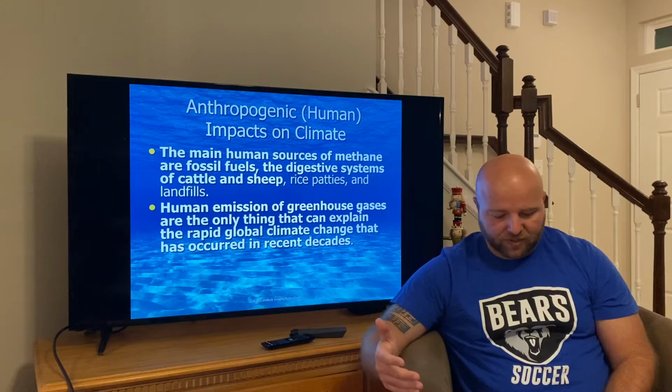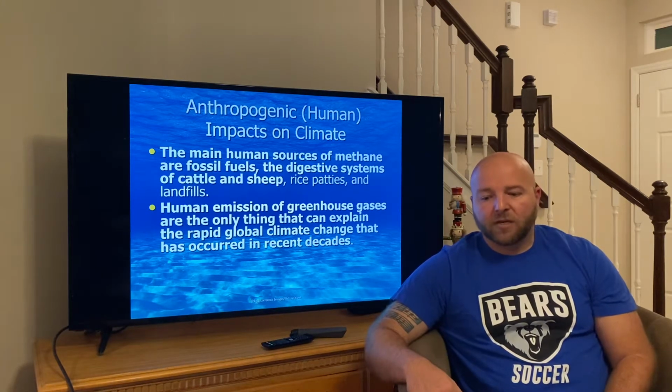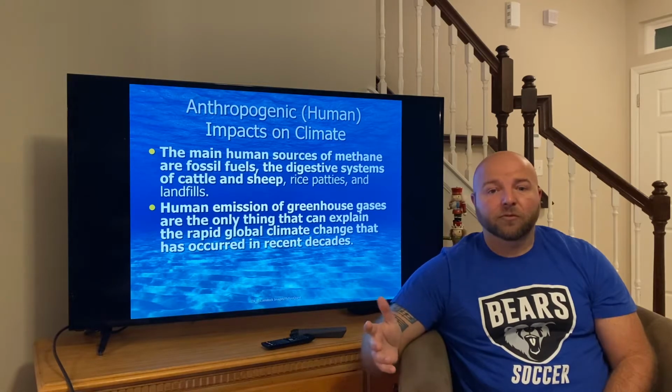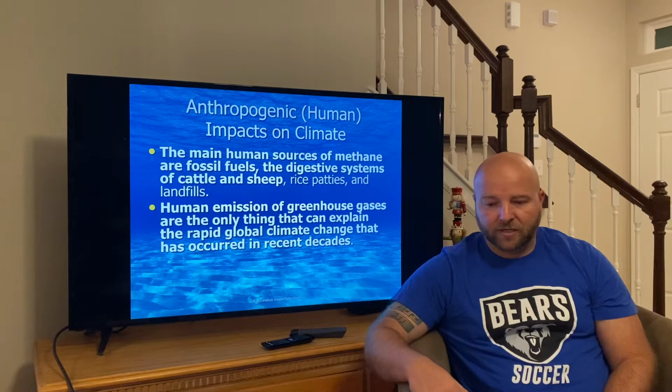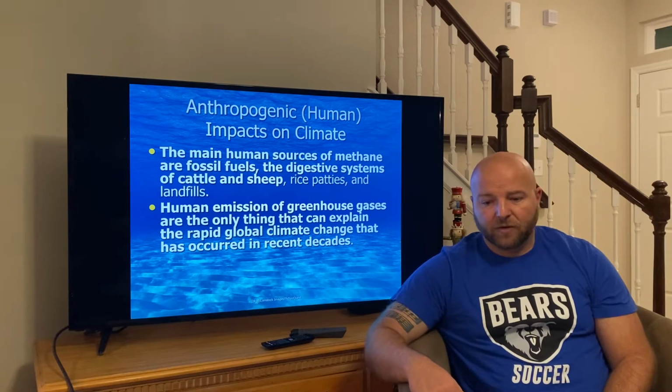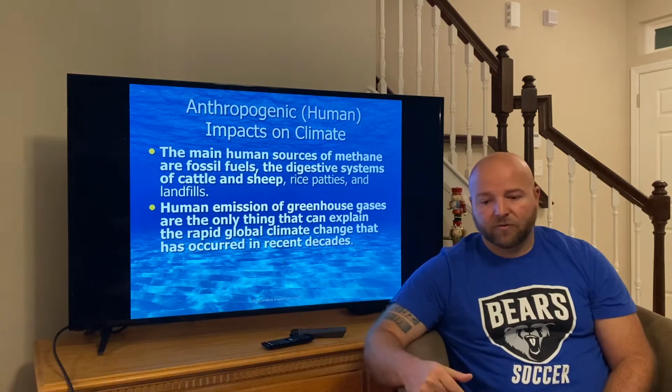So we're still writing here, a lot to write for this section. The main human sources of methane, we've mentioned this already in class, but now we get to get it in writing. So methane, or it's fossil fuels, and then the digestive systems of cattle and sheep.